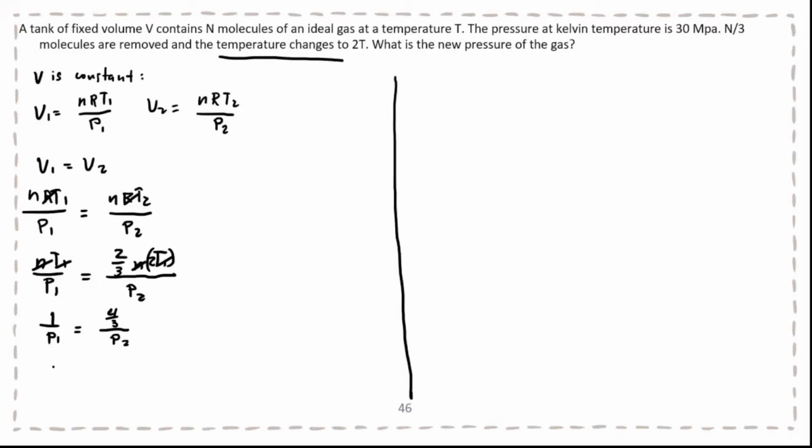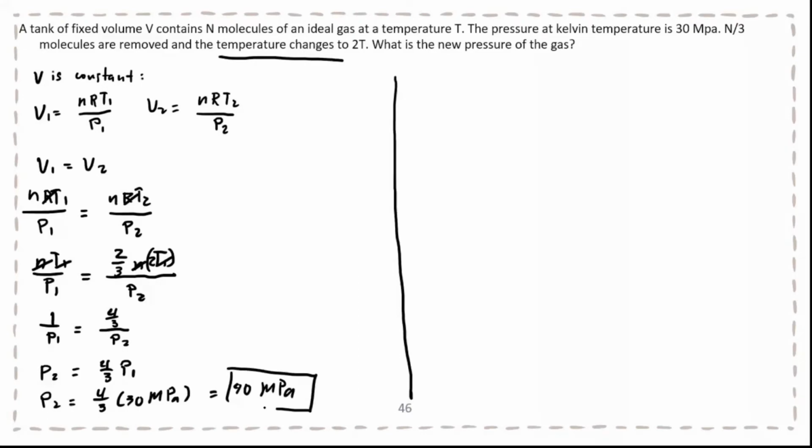So, to calculate for P2, just 4/3 of P1. And given tayo ng P1 na 30 MPa, so the value of our P2 is equal to 40 MPa. Okay, so that is our answer.